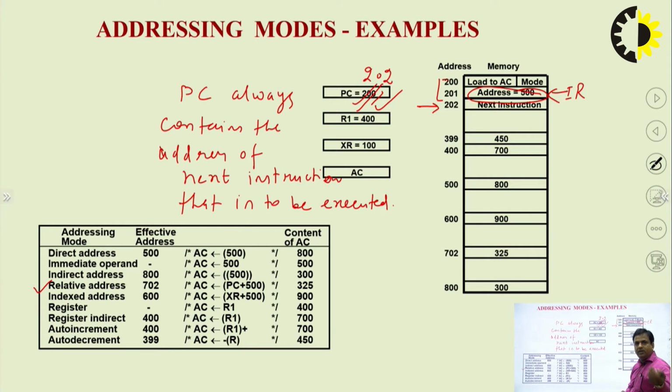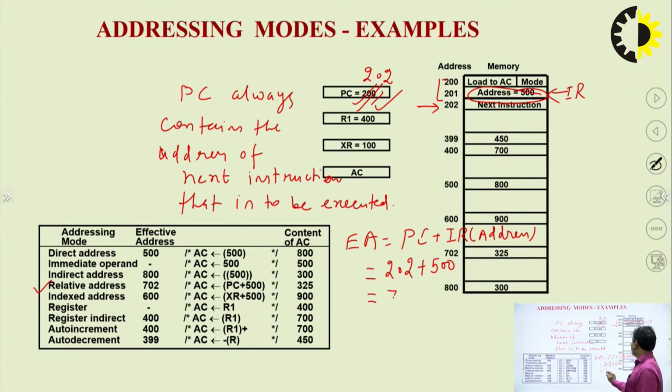Right? Once the value of the program counter has been updated, the effective address in case of the relative addressing mode will be the program counter value plus the address field of the instruction register. The program counter value is 202 and the address field value is 500.